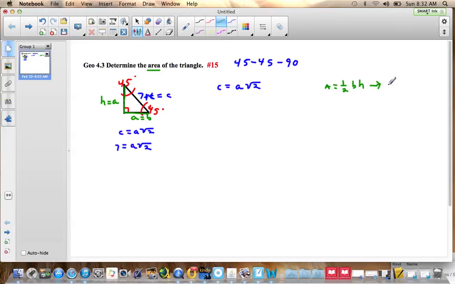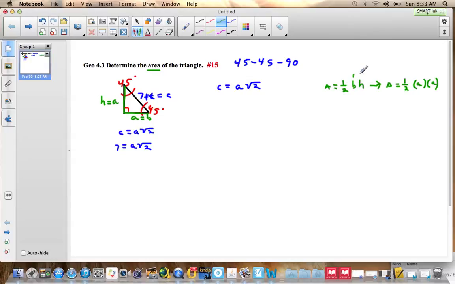So I can look at this another way then, and I can say that area is equal to 1/2 A times A. And you don't have to remember this formula like that, the 1/2 A times A. I just want you to see how they're equivalent.